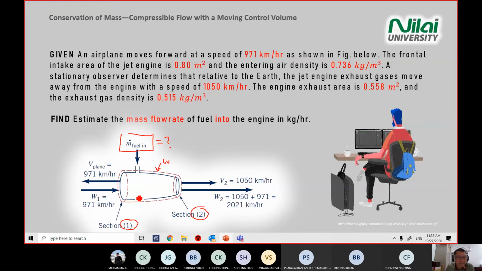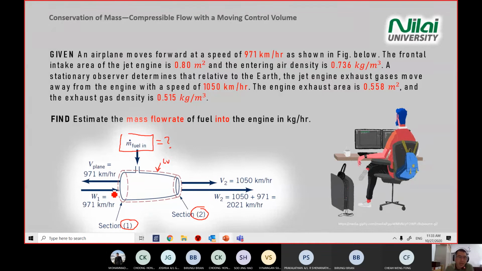Now I'm going to explain about W1 and W2. Now W1 is a relative velocity from a fixed position. All right. So you're going to see the flow being sucked into the engine front area. So the direction of the fluid, you focus on the air itself rather than the plane.